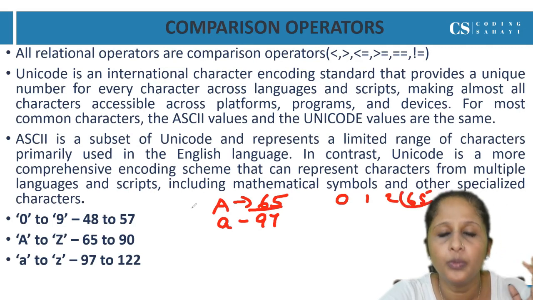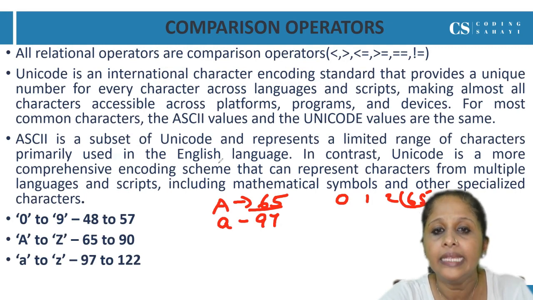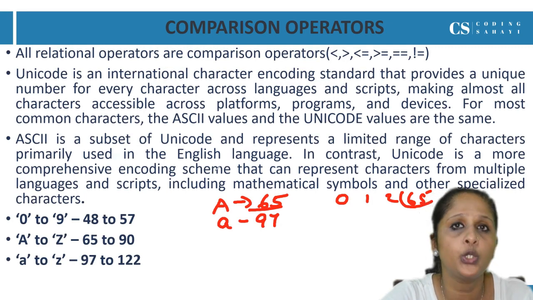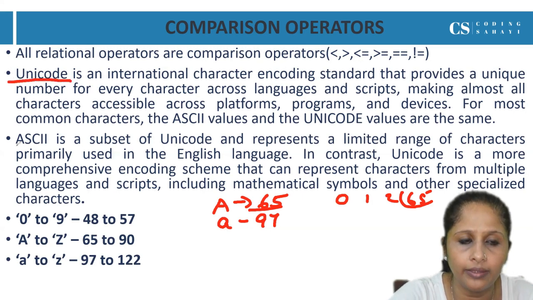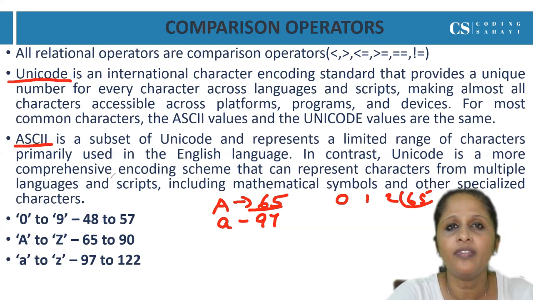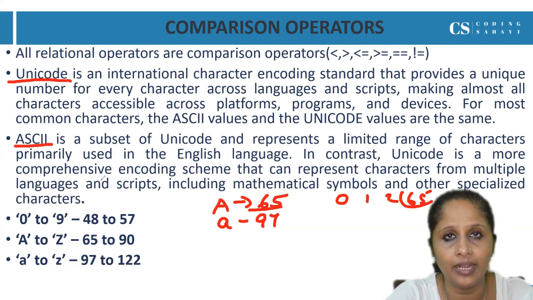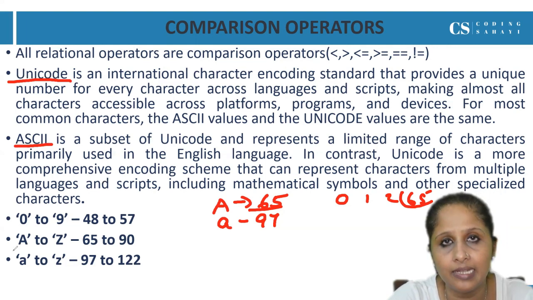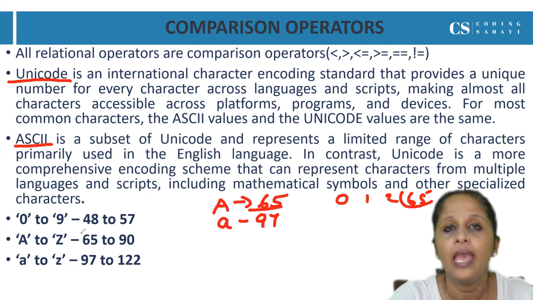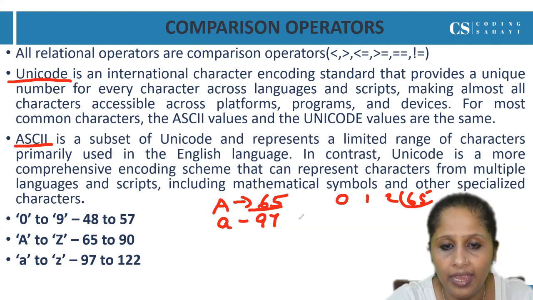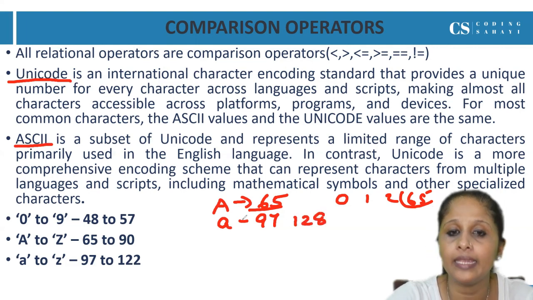So in our computer era, two internationally accepted standards are there. One is Unicode and the other one is ASCII. Before, we were using only the English language. So for English alphabets like capital A to Z, small a to z, the digits 0 to 9, and for the symbols we have some ASCII codes, that is 128 ASCII characters.